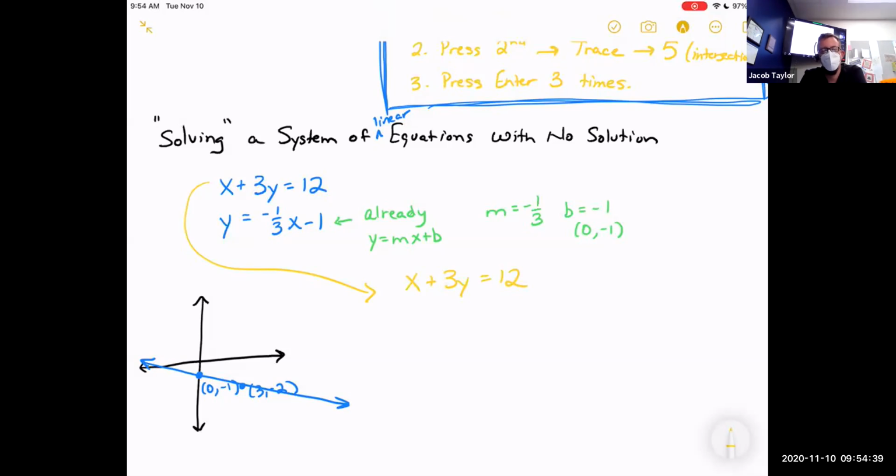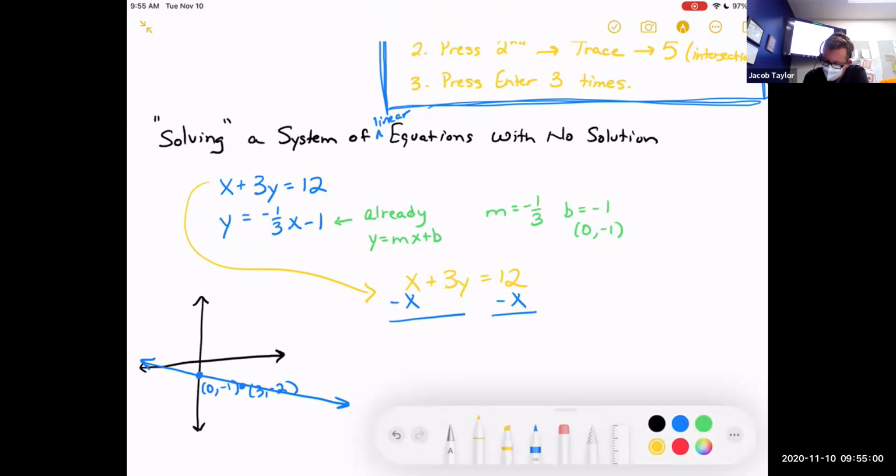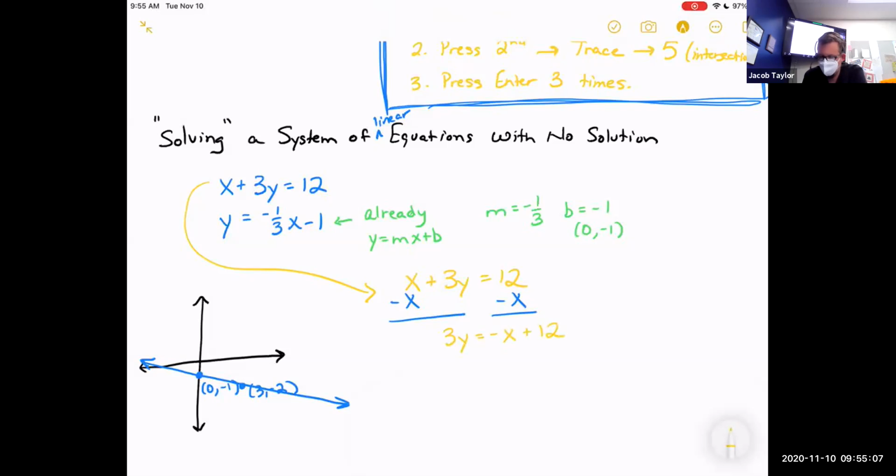Yes, I do need to get the equation into slope-intercept form, which is a problem because of the x and the 3. Those have got to go. Okay, that's a good idea. So that's going to give me 3y = -x + 12.